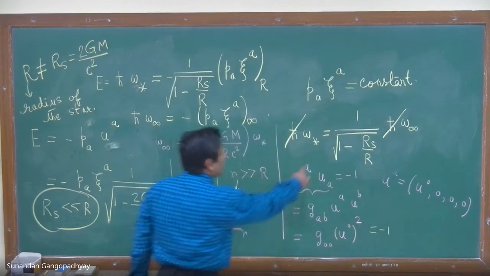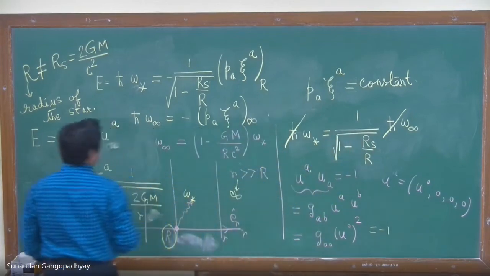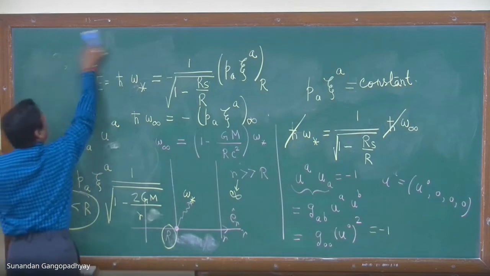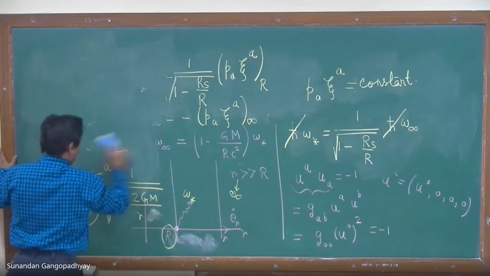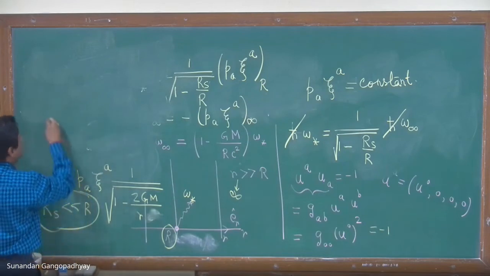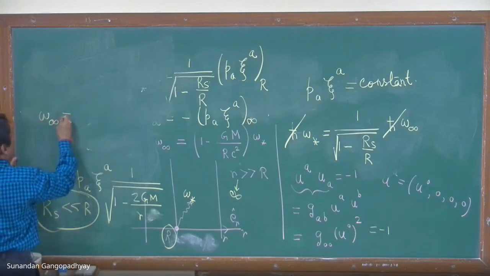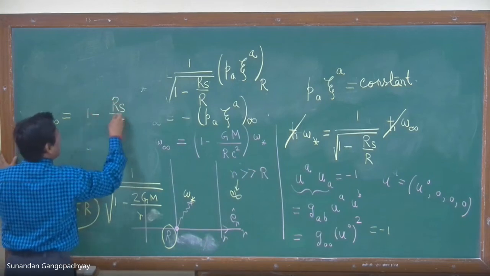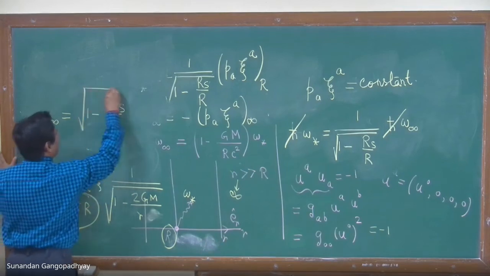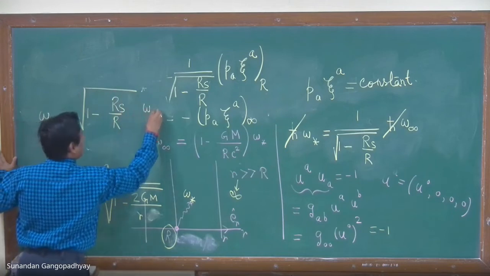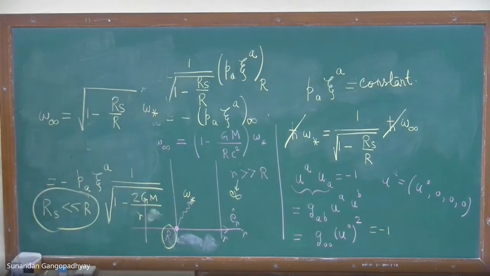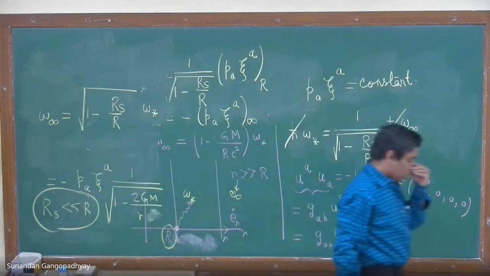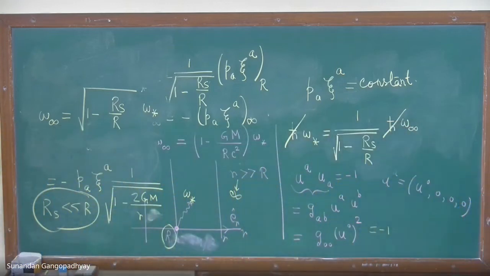So you have this relation. Omega star is related to this by this, and therefore from that relation you can immediately see that omega infinity is equal to this, and this is the exact relation that I told you, the exact gravitational redshift relation.